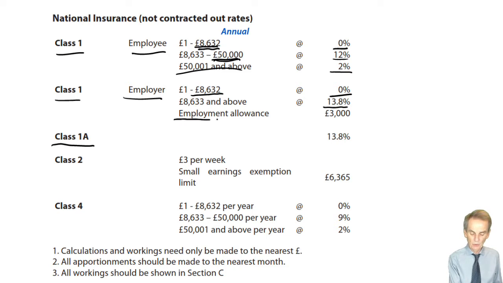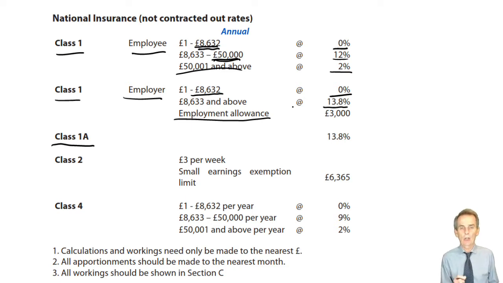a so-called employment allowance. Now, this is not a specific deduction against any individual employee's Class 1 employer NIC. This is a total deduction. So if in a question you are asked to compute the Class 1 employer's NICs in relation to a particular employee, you are not going to deduct the employment allowance.